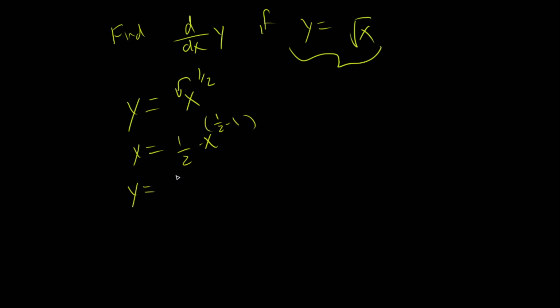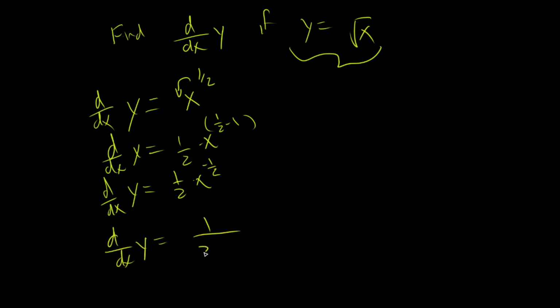This would equal the d of dx of y, very important, would equal 1 over 2 times x to the negative 1/2. And then the d of dx of y would equal 1 over 2 root x. And whenever you say the derivative of y or d of dx of y, you're actually saying the derivative of the function y in terms of x.